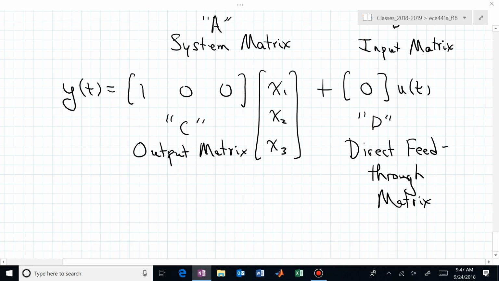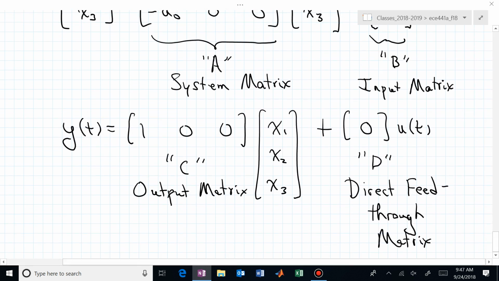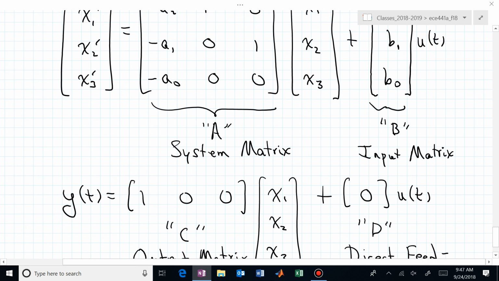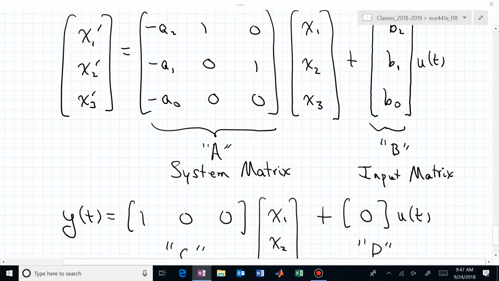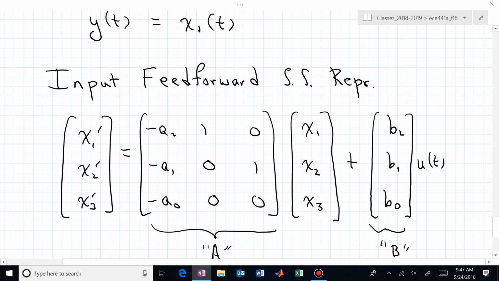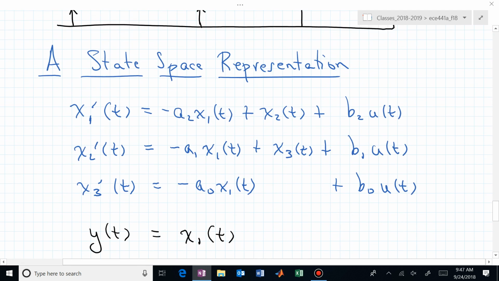And what I would like you to keep in mind with this state space representation, now that we've derived it, look at how the A's structurally populate the A matrix, and the B's, how they go into the input matrix. And what were the B's? The B's were the numerator coefficients in our original transfer function. There's a B2, B1, B0.